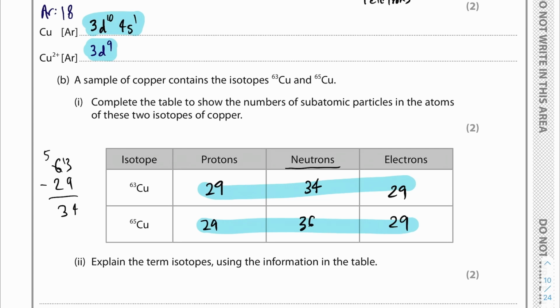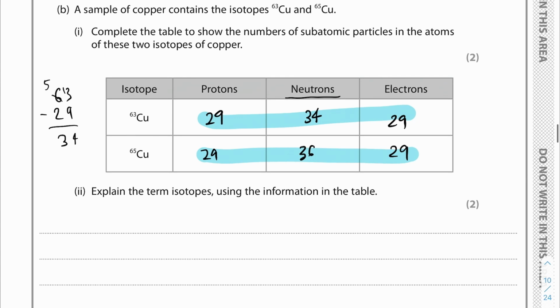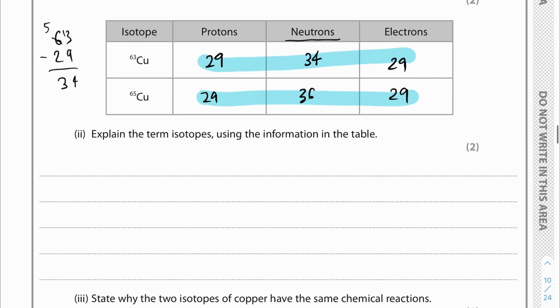Part II, explain the term isotopes using the information in the table. So how do we do that? We need to comment on all of these 3 subatomic particles. We have to say that isotopes have the same number of protons, right?